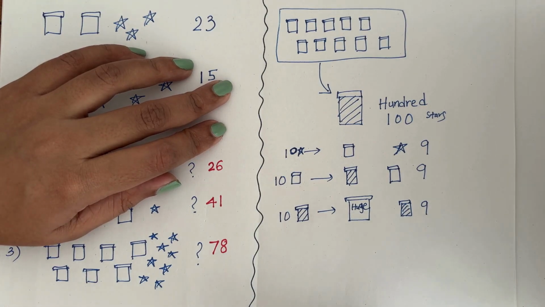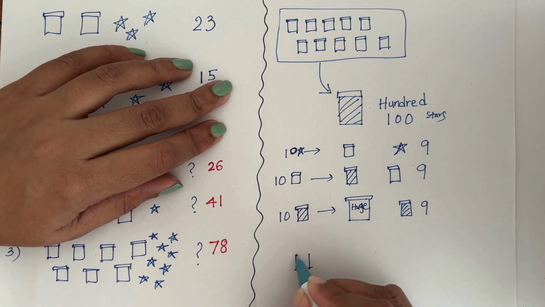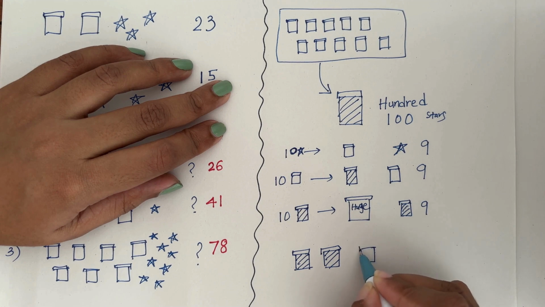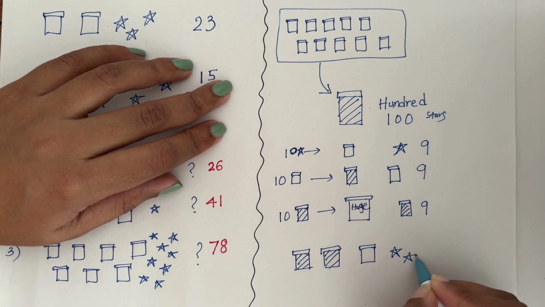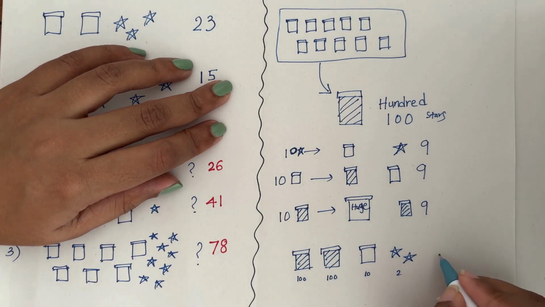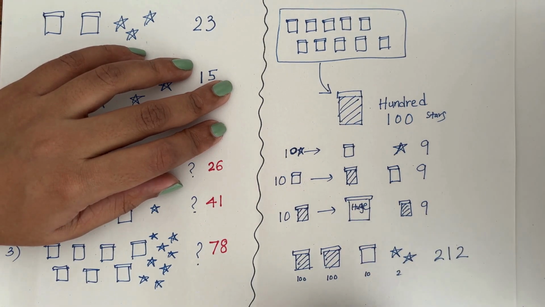So now tell me, what is the value represented by these? We have 2 big boxes, 1 small box, and 2 stars. Here we have how many stars? 100 stars here, 100 stars here, 10 stars here, 2 stars here, right? So 200, 1 ten, and 2 single stars.